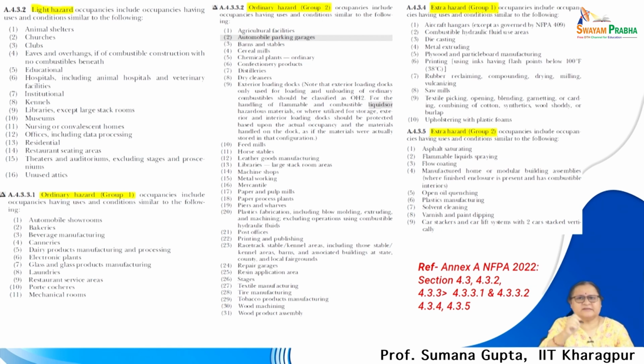Now, these are taken again, the reference is given. These are the lists mentioned in the NFPA document, which come under light hazard, ordinary hazard type 1, type 2 and the other hazards.